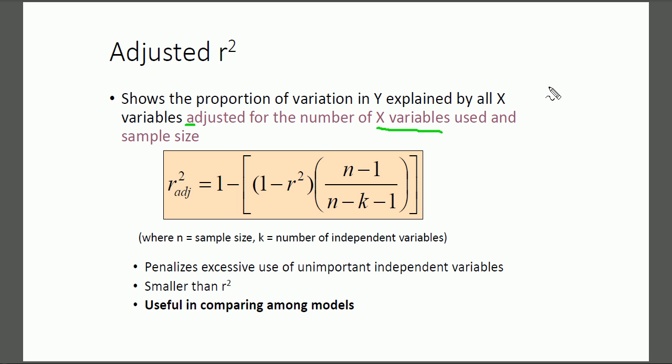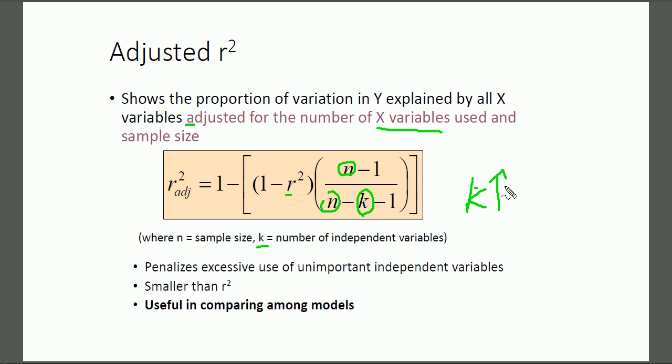Here you see R-square is in this equation, except we do a lot of adjustment to it. A bigger sample size will also make adjusted R-square increase, but since we're going to be using the same data, that's not going to really change for us. What's going to change is k, the number of independent variables. If k goes up, that means we're using more x's in the model.